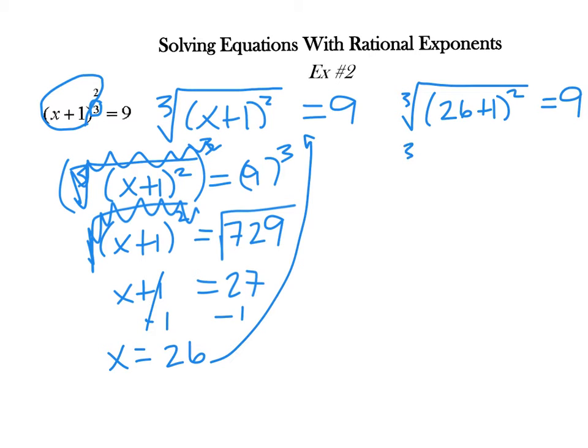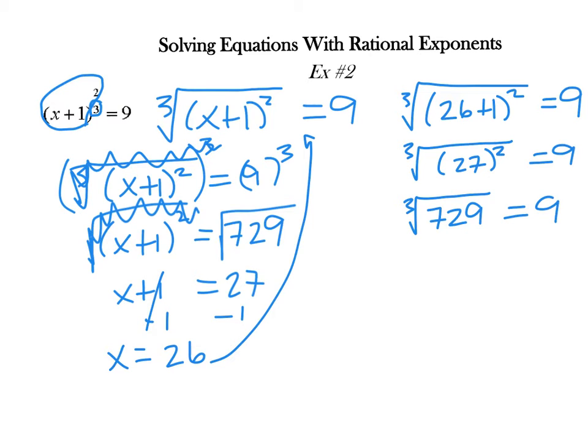So I have the cube root of 27 squared equals 9. 27 squared is actually 729. So I have the cube root of 729. Now the cube root of 729 is going to actually equal 9, because 9 times 9 is 81, and 81 times 9 is 729. So 9, in fact, equals 9. We have a solution at x equals 26.